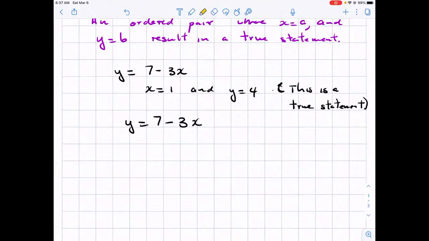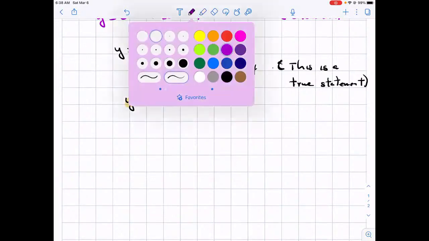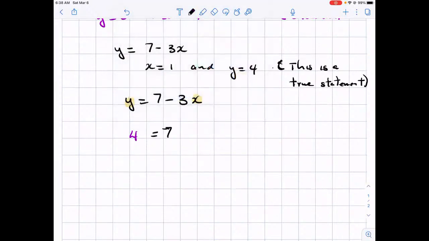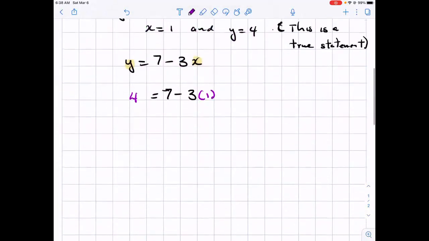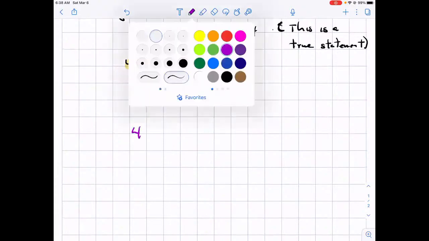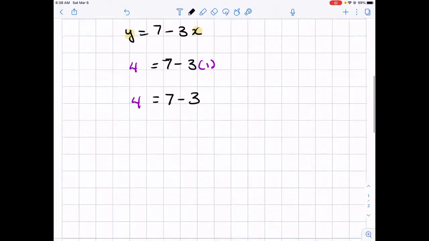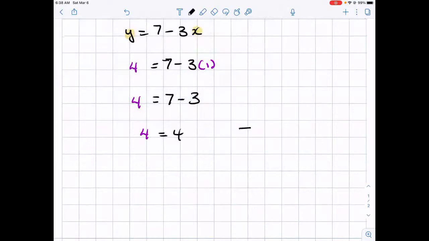If we take out the x and the y, and we replace y with 4, so now we have 4 equals 7 minus 3, and if we replace x with 1, then we will have 4 is equal to 7 minus 3, and we will have 4 equals 4, and this is true.